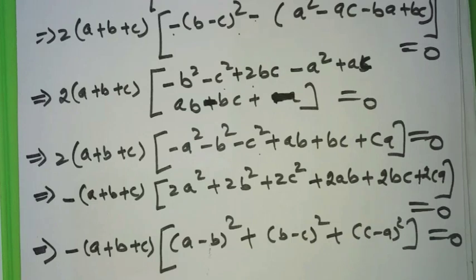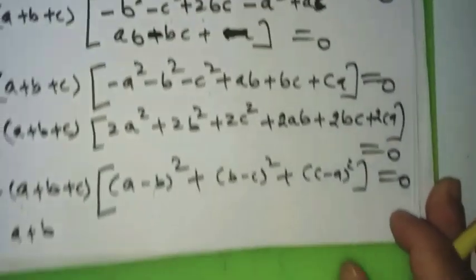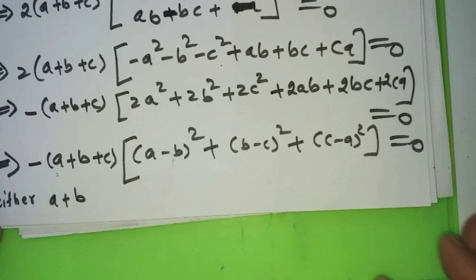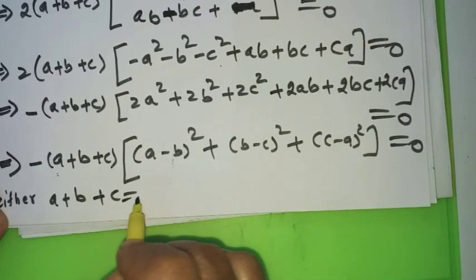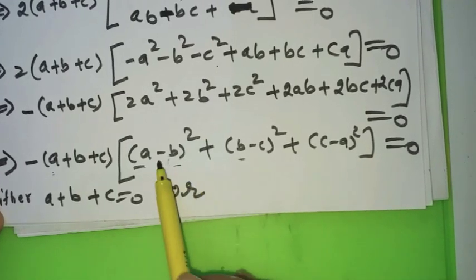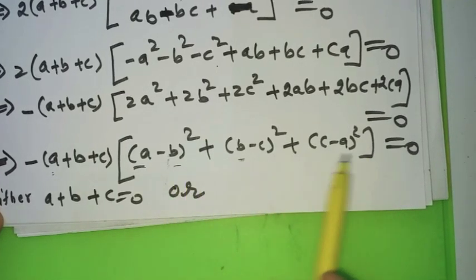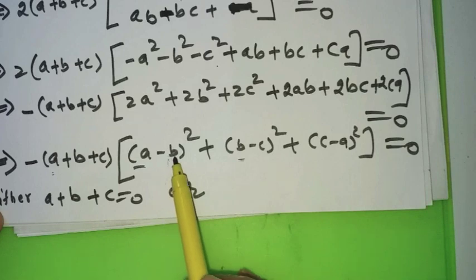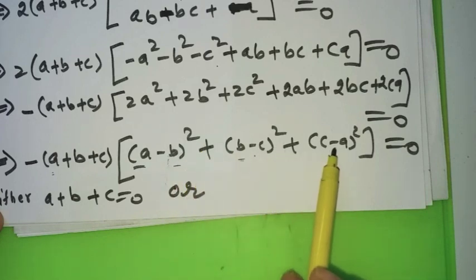Now students, it is very clear that this is the product of two terms, a plus b plus c and this bracket, so either a plus b plus c is 0 or this whole bracket is 0. But this bracket cannot be 0 easily, because it has got 3 terms and all of them are positive because they are whole squares.